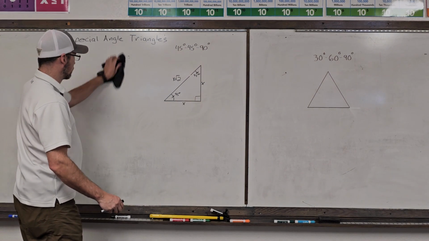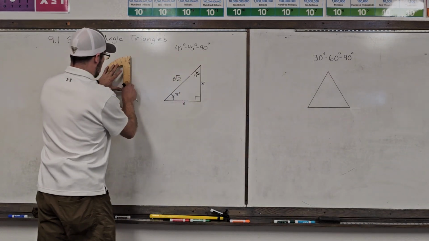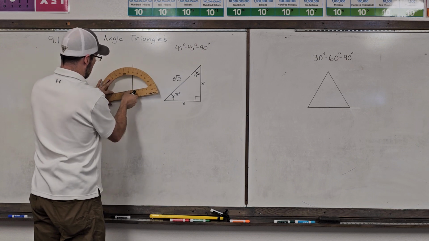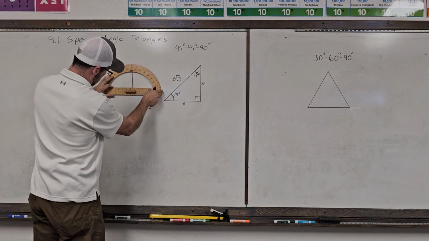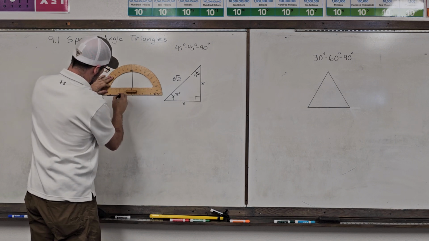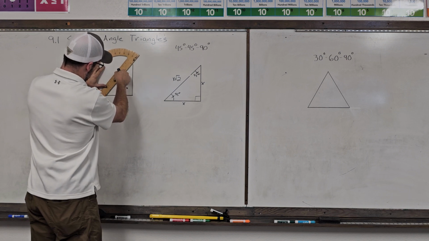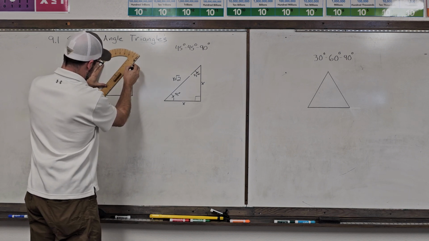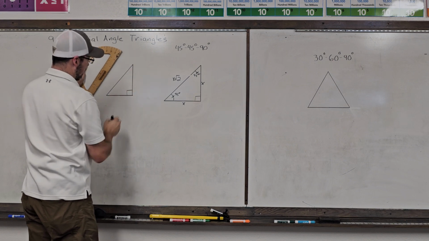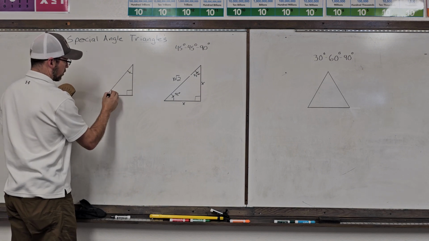We'll make this another triangle beside it. We're going to make it a right triangle, and we're going to say that these angles are equal to each other.